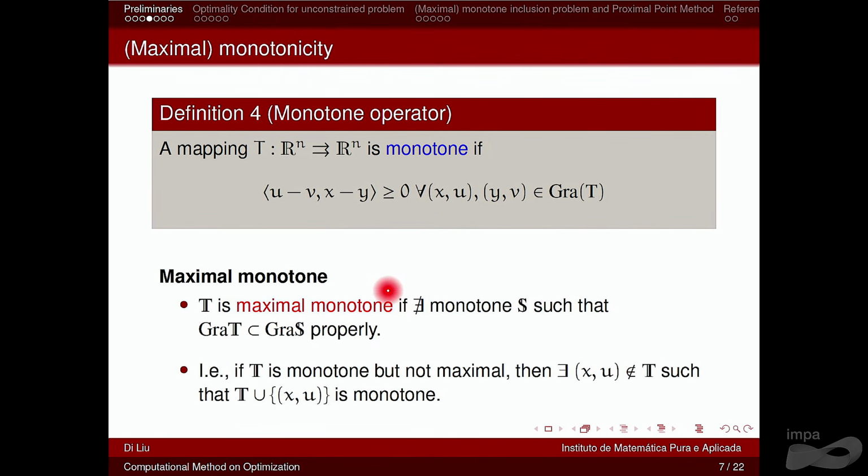If T is maximal monotone, you cannot find another monotone operator S such that the graph of S properly contains the graph of T. Or we can say if T is monotone but not maximal, you can find another pair (x, u) which does not belong to the graph of T, but the graph of T union with the pair (x, u) is still monotone, okay?